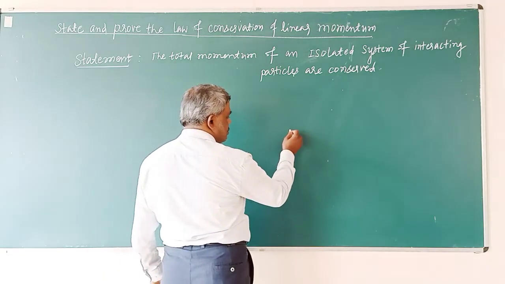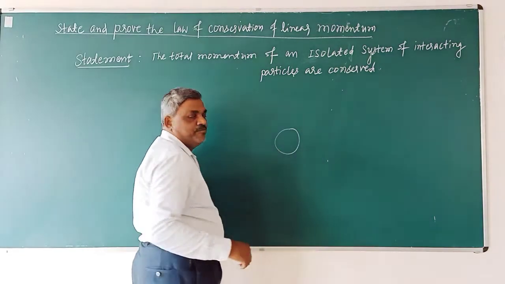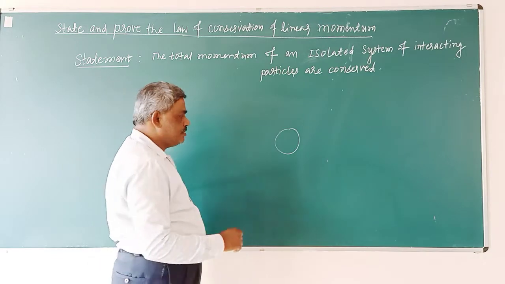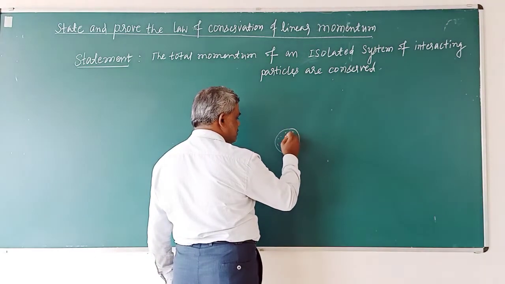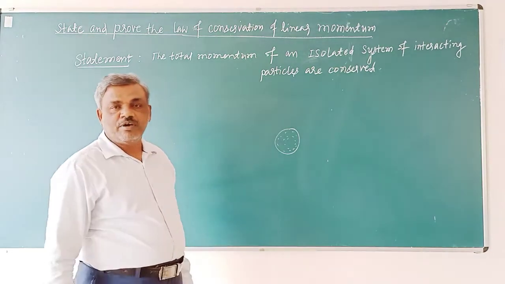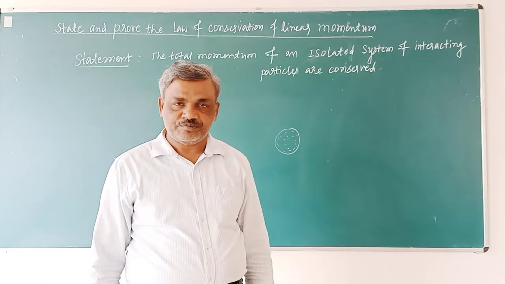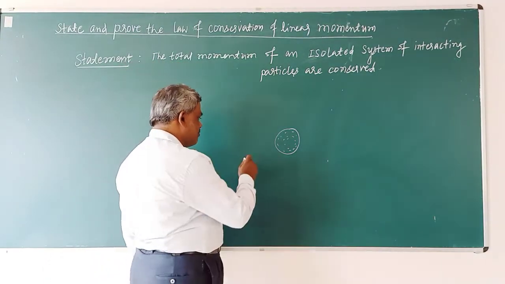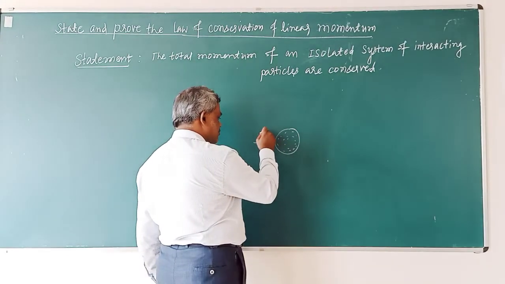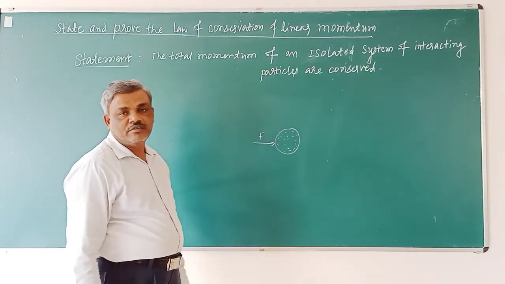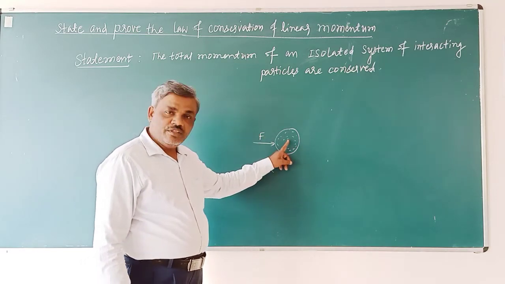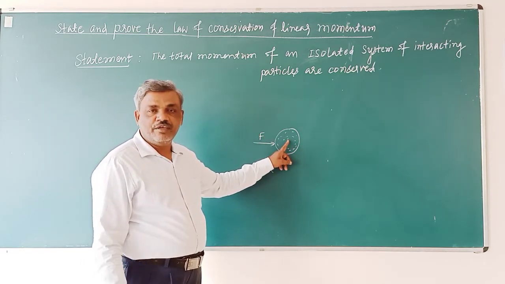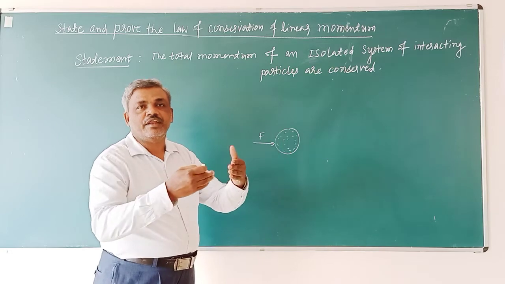Here we have one system, an isolated system, in which a number of particles are there. When a force F is applied to the body and then removed, the particles within the system interact.